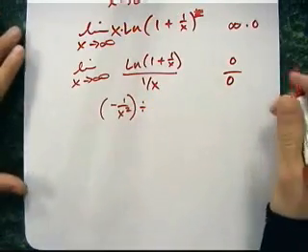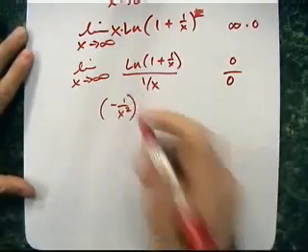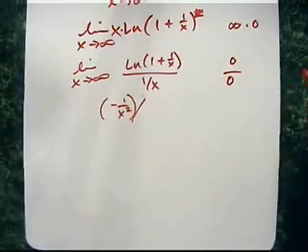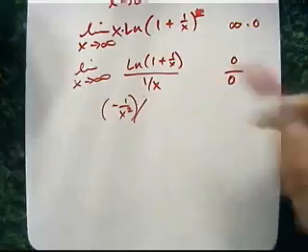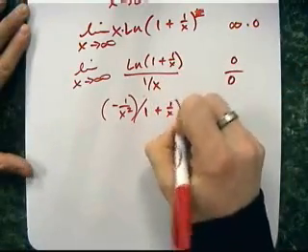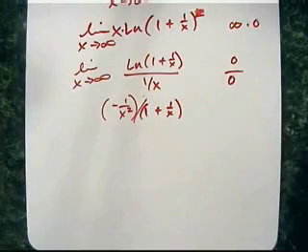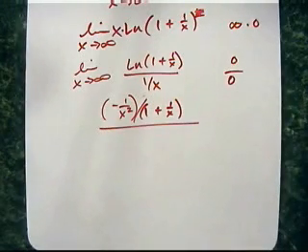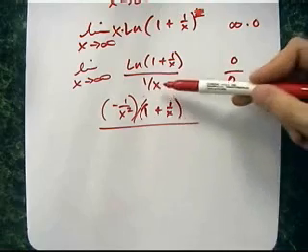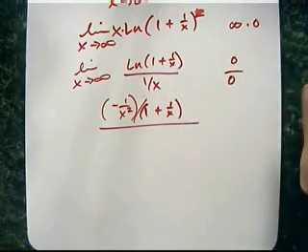Divided by the denominator, divided by u, which was the 1 plus 1 over x. So 1 plus 1 over x, that's all in that denominator. Now this is divided by, that's the numerator, right? That's just the derivative of the natural log. Divided by the derivative of 1 over x.